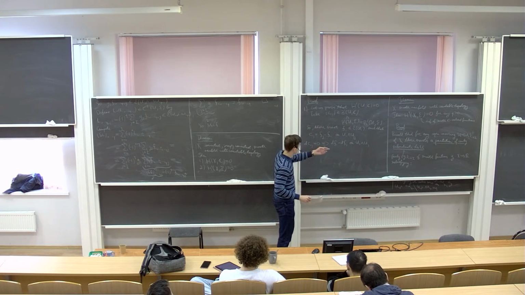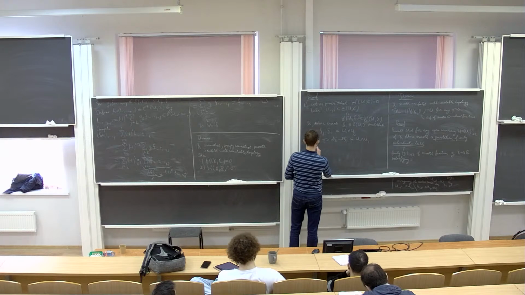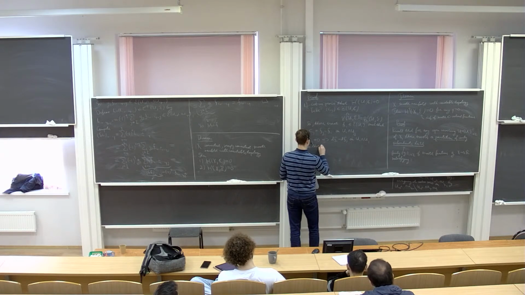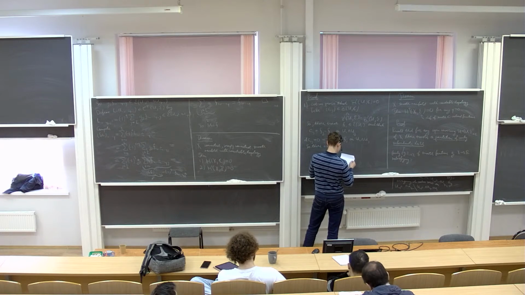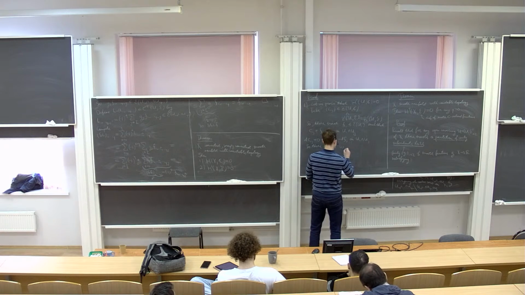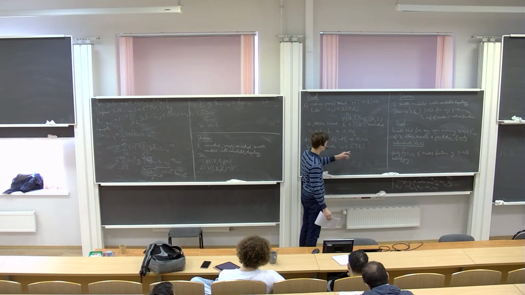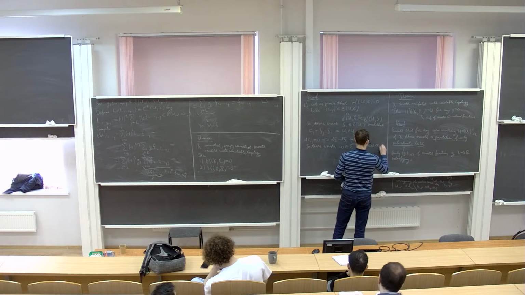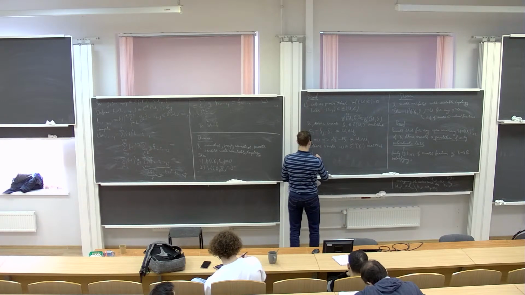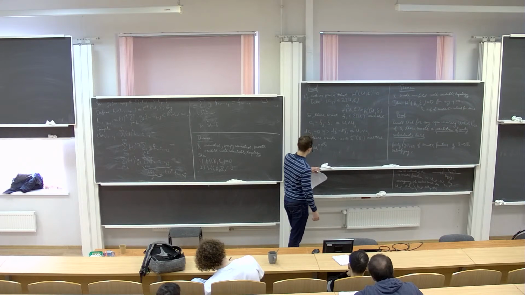So these one-forms glue into a global one-form on X. So there exists omega, a smooth one-form. We denote the space of smooth one-forms on X by this symbol, such that omega restricted to U_i is d f_i.